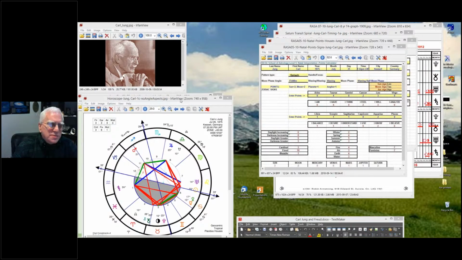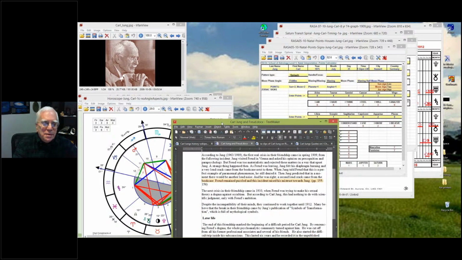I mean, this is so useful if you're going to write a biography. How could you do a biography without doing the Saturn graph for a lifetime and without having 8-year graphs for specific times? You could put your own take on something without having a standard to go against.